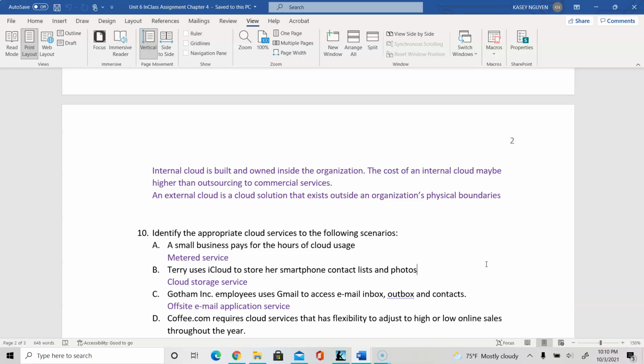And then for C, Gotham employees use Gmail to access email inbox, outbox, and contacts, and that would be considered an offsite email application service. So that way the user can use the browser to simply access their company's inbox, outbox, and contacts via Gmail. And Google does offer the service to organizations.